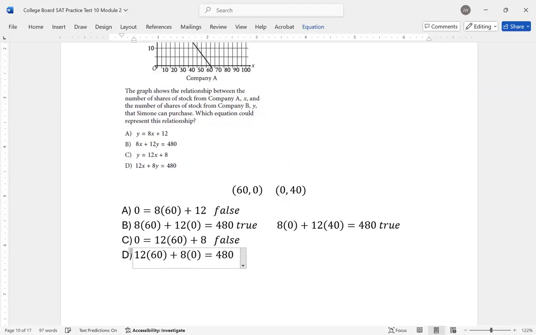If you do that calculation, you'll see that that's false as well. So B is the correct answer. That's the only one that goes through the points (60, 0) and (0, 40). In fact, it's the only one that actually goes through (60, 0). So B is the correct answer.